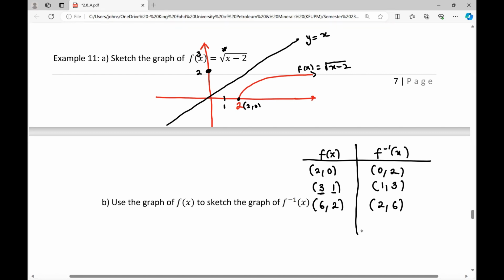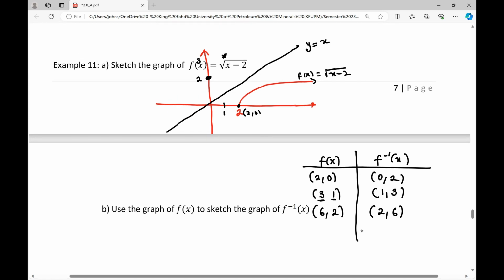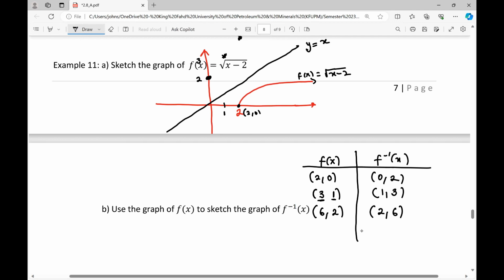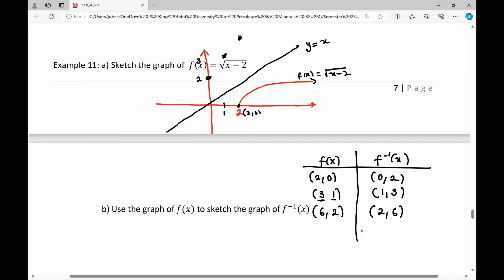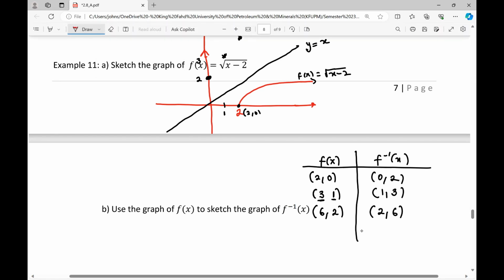Then we have 6 and 2, which is 2 and 6. If this is 2, 6 is going to be somewhere up. So this is 2 on this line, so somewhere is 6 here. So it means we need to extend this one. Right? So we can see that the curve is already coming out.